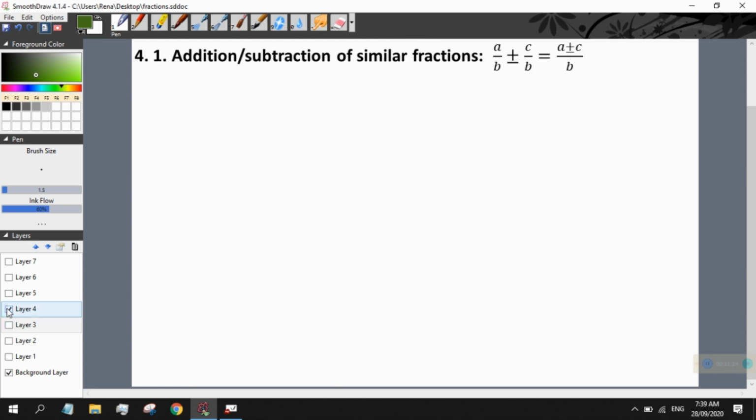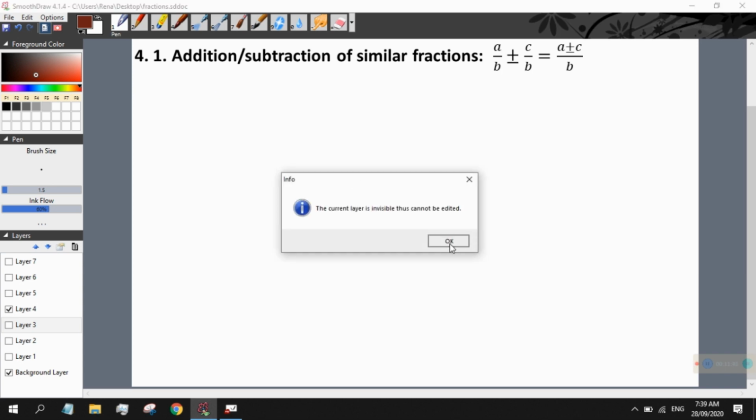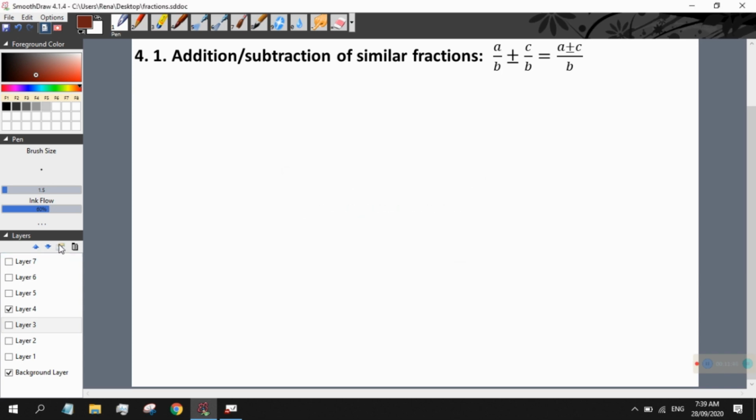Let's now go to the first case of addition or subtraction. This is for similar fractions. For similar fractions, palit tayo ng kulay. For example, you have 1 over 4 plus 5 over 4.